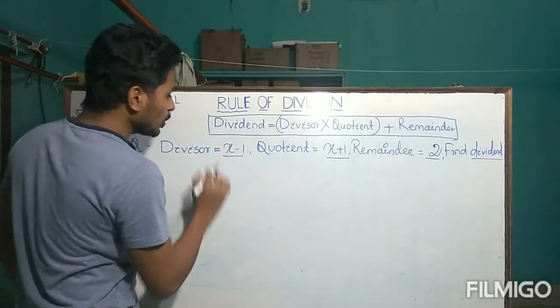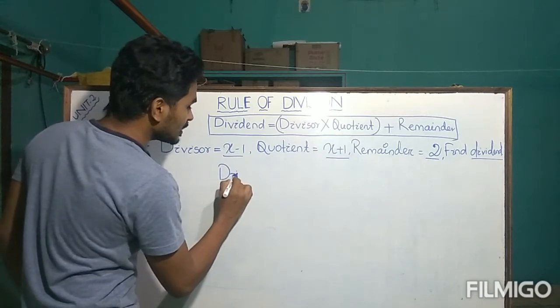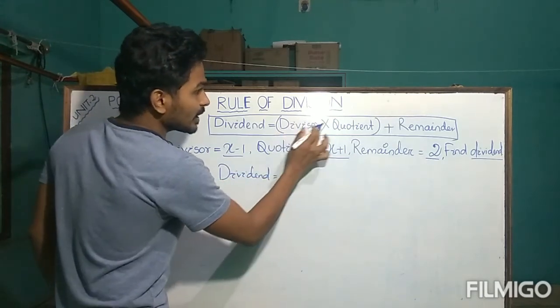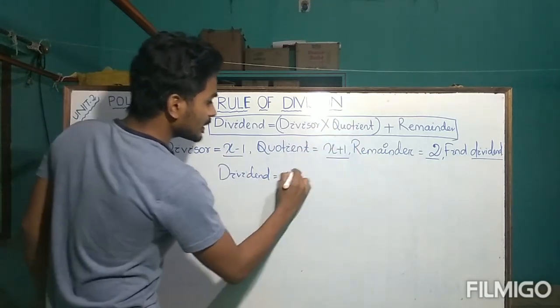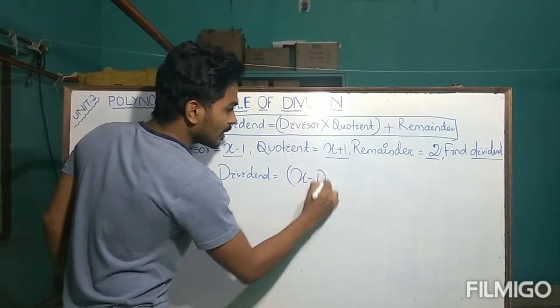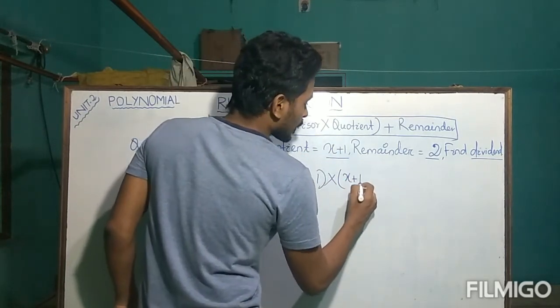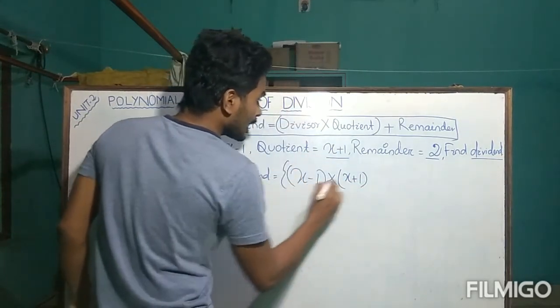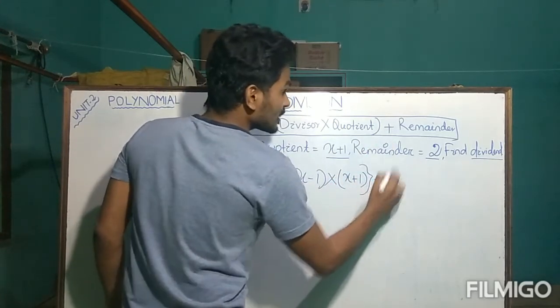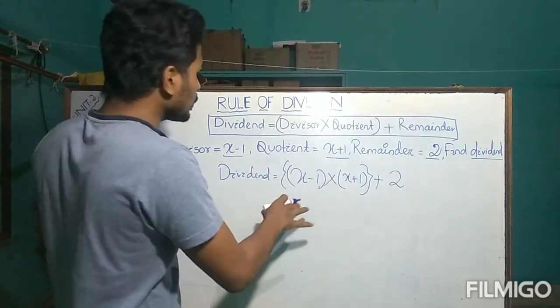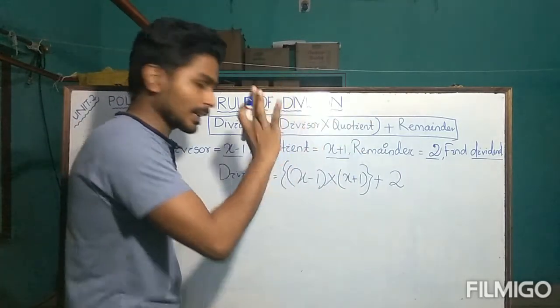As we know the rule, dividend is divisor into quotient plus remainder. So the divisor is x minus 1, into the quotient x plus 1, plus the remainder 2. Put the values of divisor, quotient and remainder here.